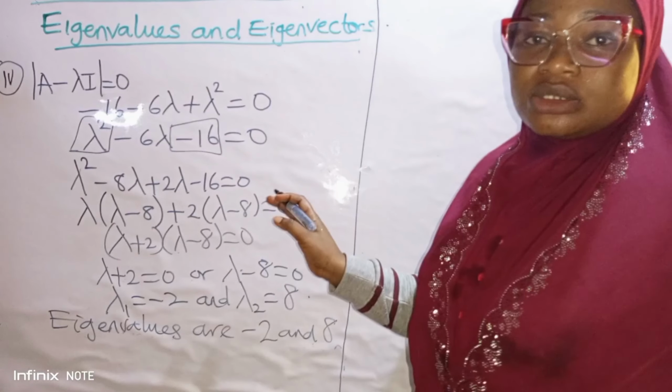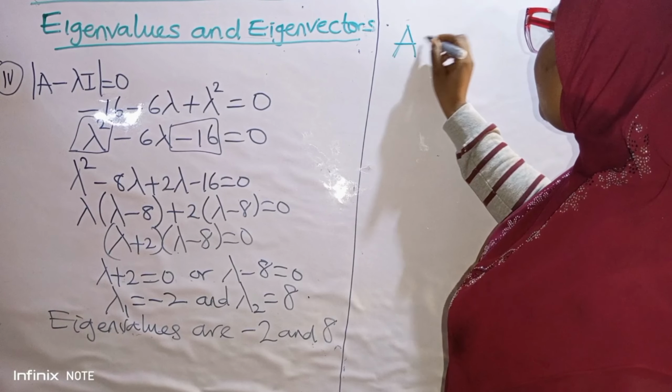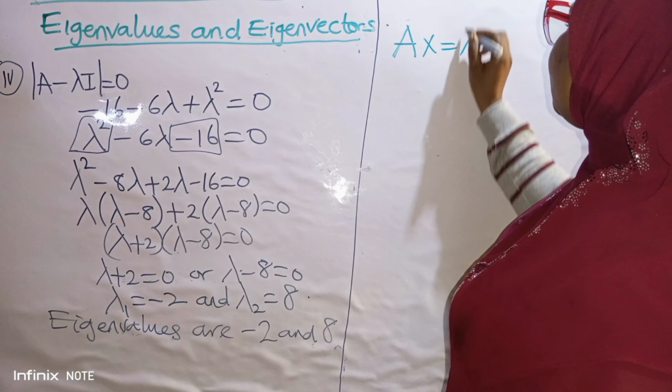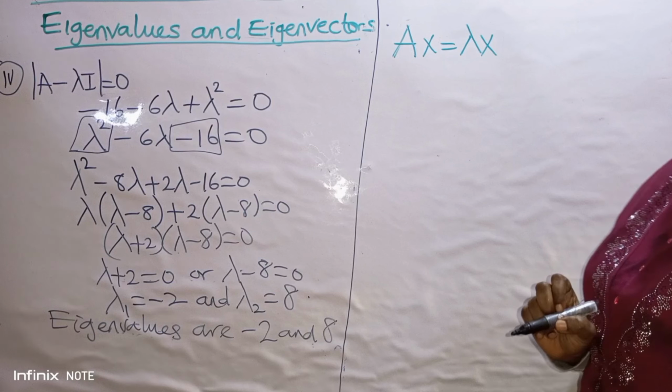So for eigenvectors, let's write back the equation. Ax is equal to lambda x. So we want to find x.